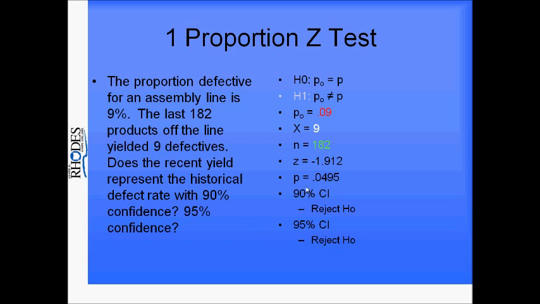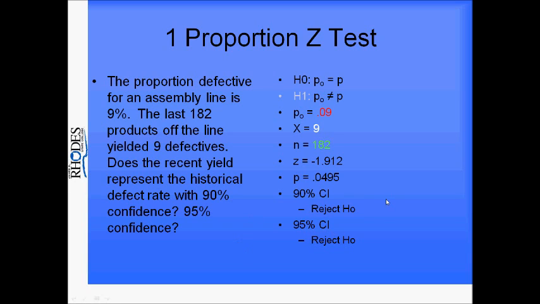Now, 95% confidence, it's going to be rejected too, because remember, 0.05 for 95% confidence, actually it should be, if we look at it, because it's a two-tailed test, 0.05 divided by 2 is 0.025.